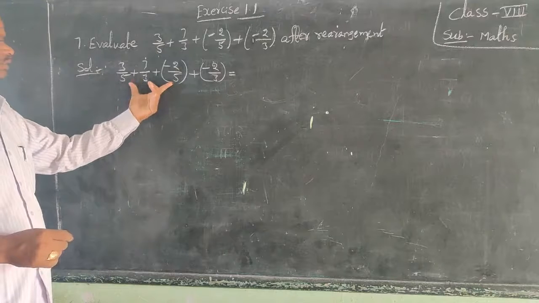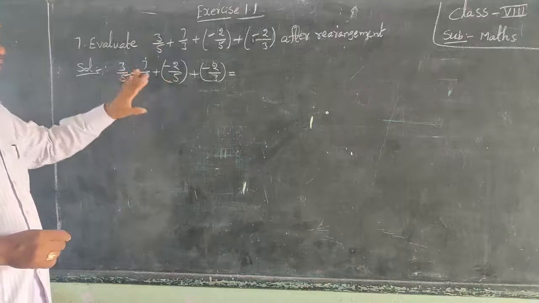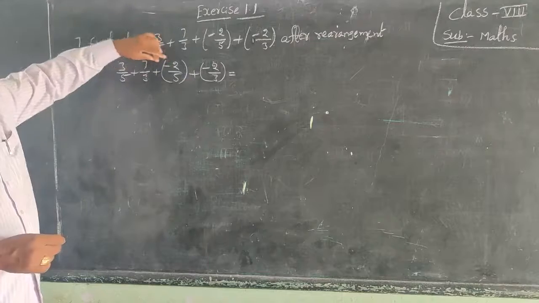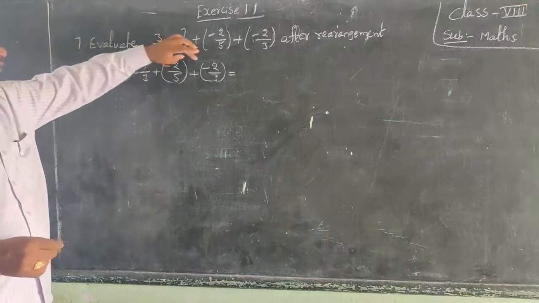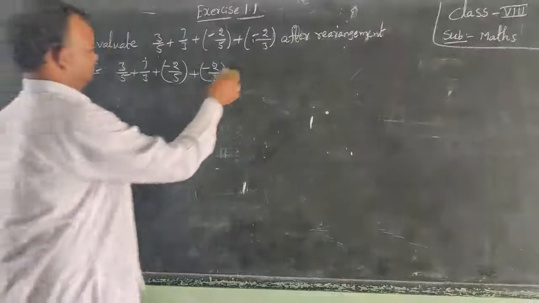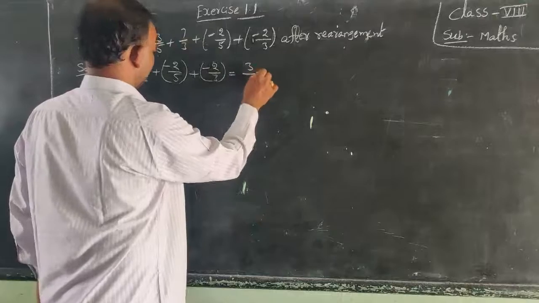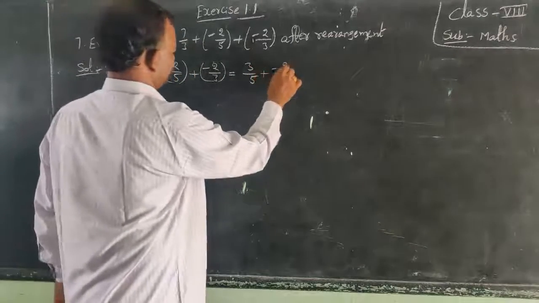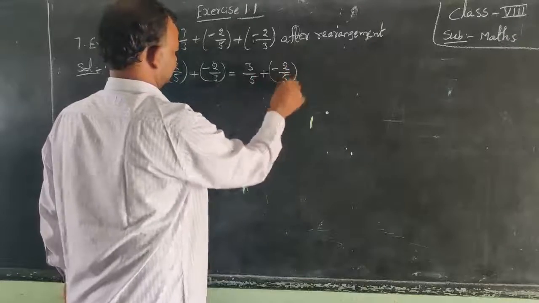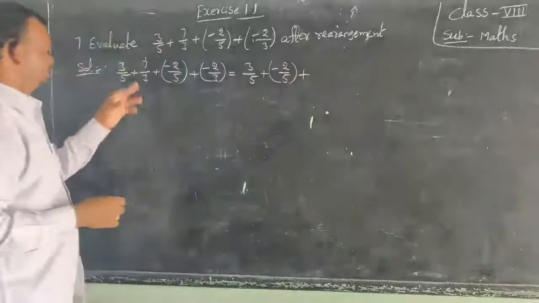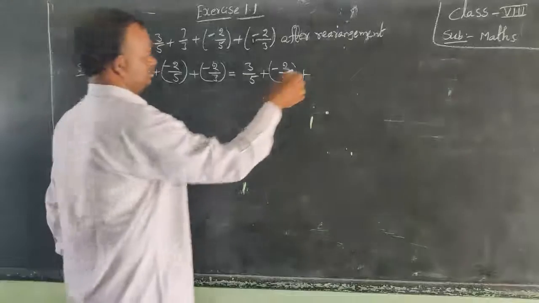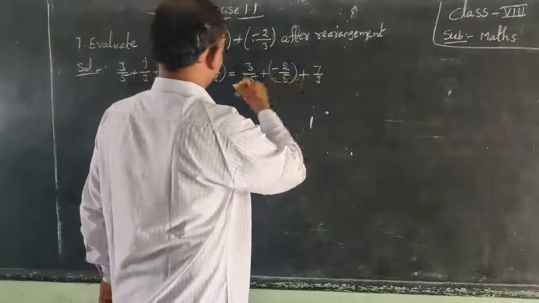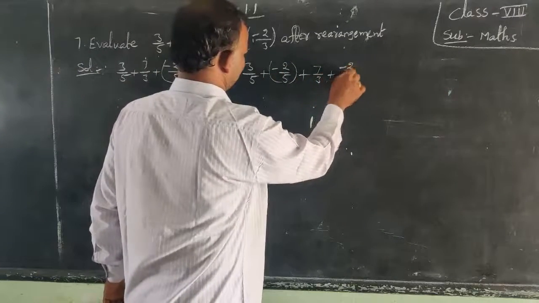So we will write these two values at one time, 3 by 5 plus minus 2 by 5, and the next two values, 7 by 3 plus minus 2 by 3.